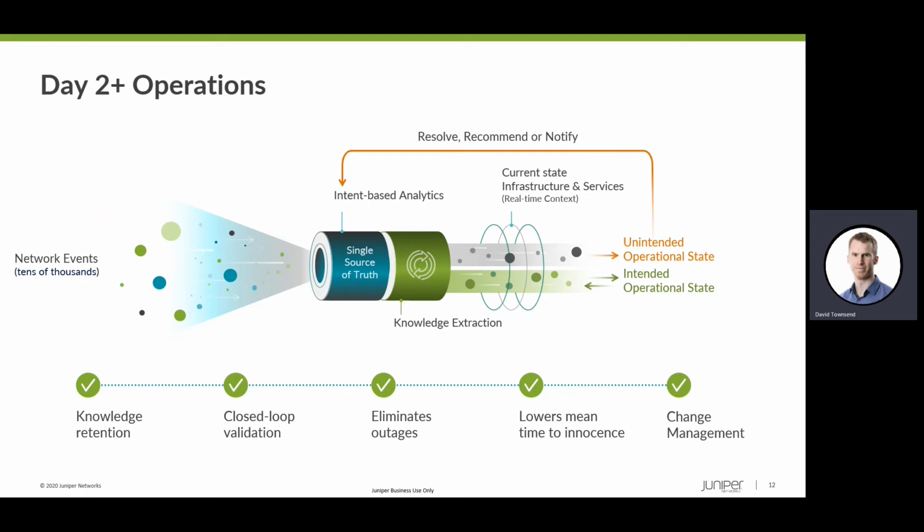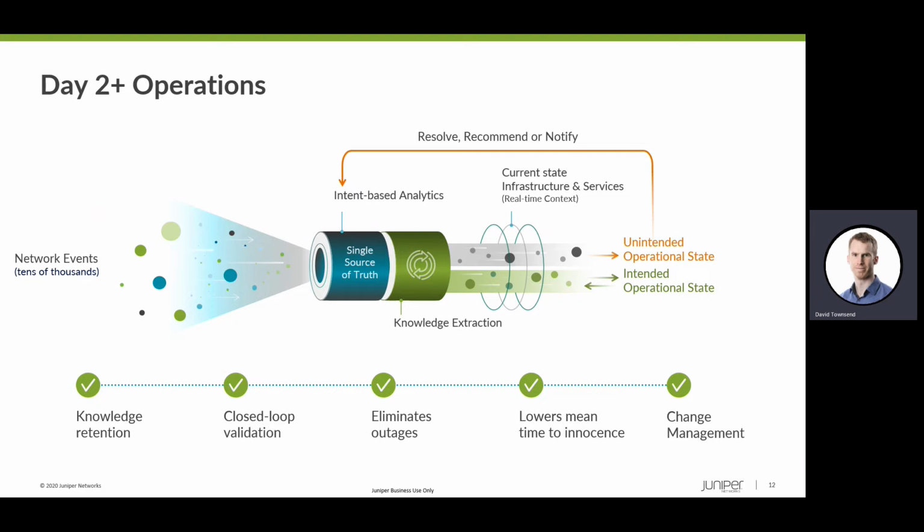But then it will actually collect network events from agents that run on the switches, from telemetry feeds that we can collect from those switches, and from things like syslog and any sort of representation of activity on the switching fabric. All of this is fed into this intent-based analytics system, which compares that data, those network events, against that single source of truth, or really that intent. And then Apstra can extract knowledge from that.